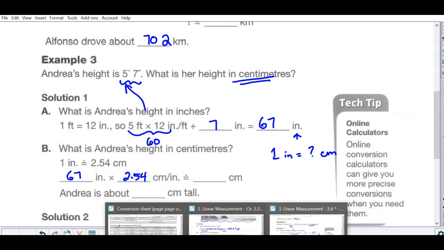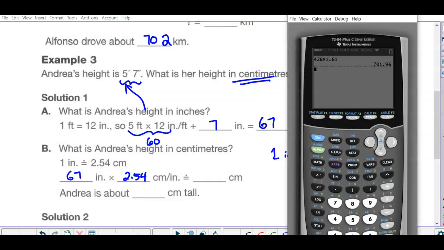And again, you don't have to on a test show the units, but you do at the end. So make sure that you're showing what the unit of measure is when you're done your calculations. And so that's 170.18. Remember, that's the approximation symbol.